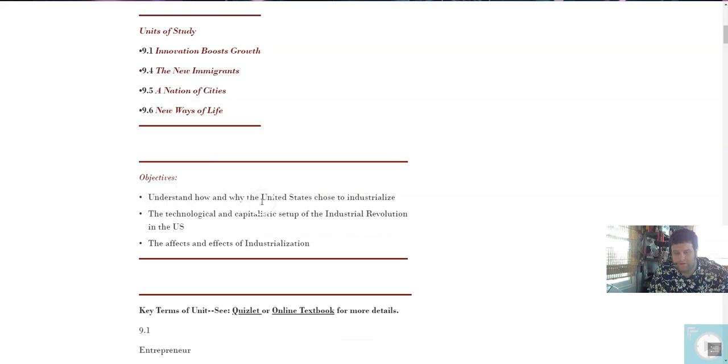Understand how and why the United States chose to industrialize. The second objective is the technological and capitalistic setup of the Industrial Revolution in the United States. And the third thing that we're going to be looking at is the effects and affects of the Industrial Revolution.